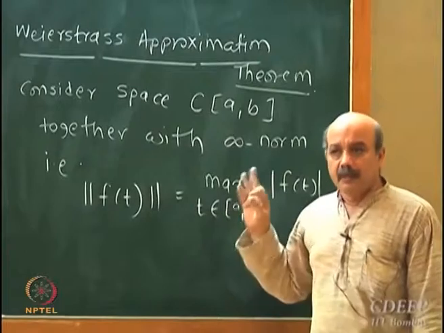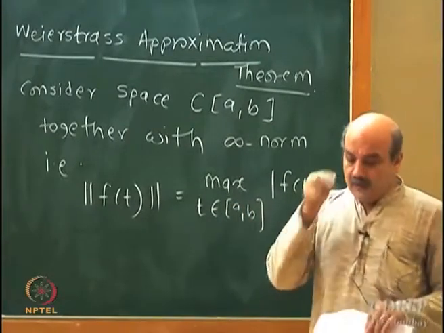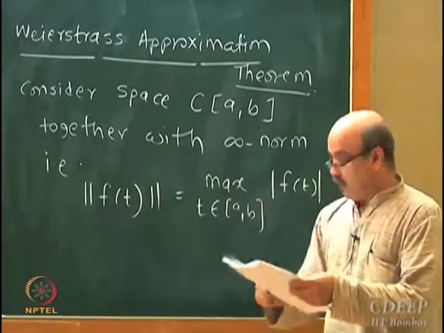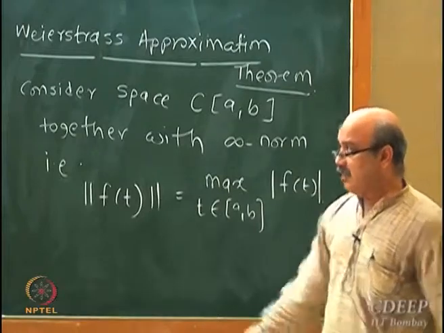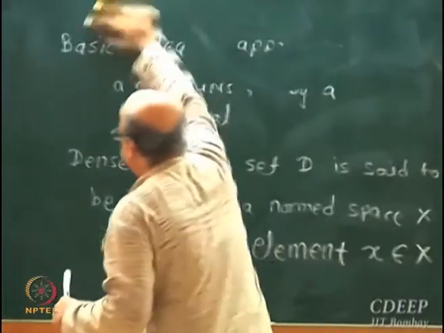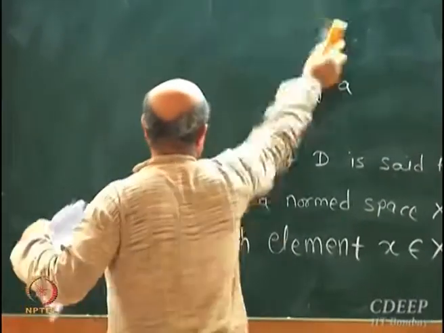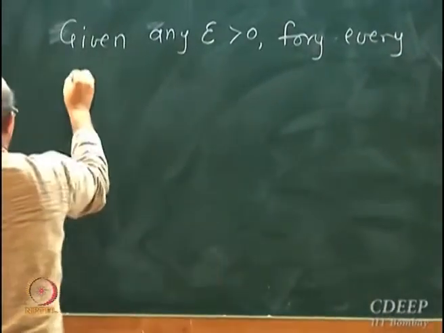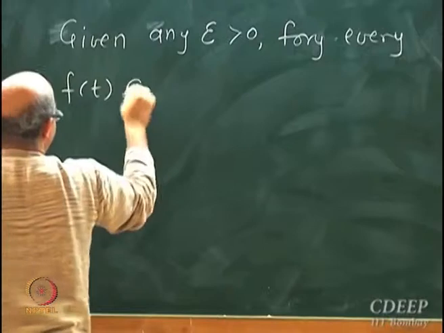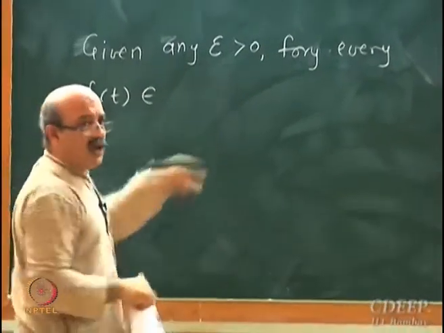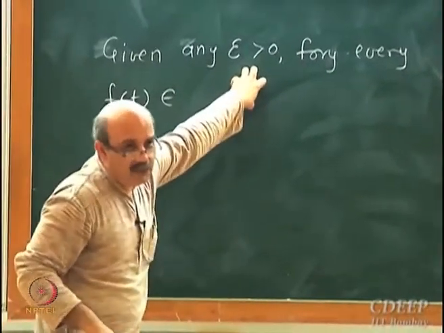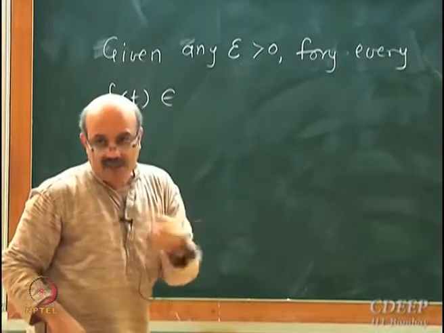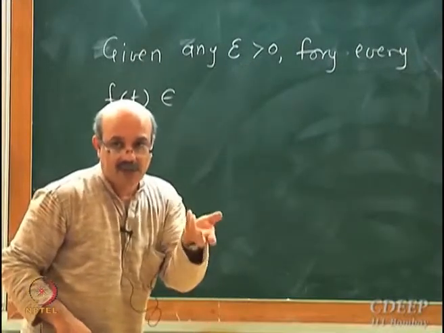Now the Weierstrass theorem tells us that, well, I'll move on to complete this theorem statement. If I give you any epsilon greater than 0, any degree of accuracy, epsilon will specify how accurate you want the approximation.